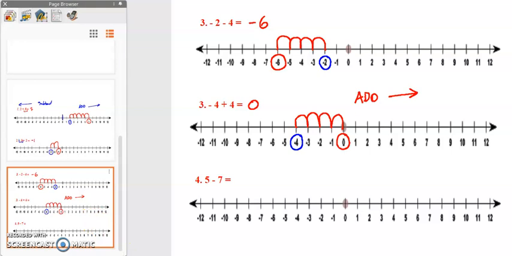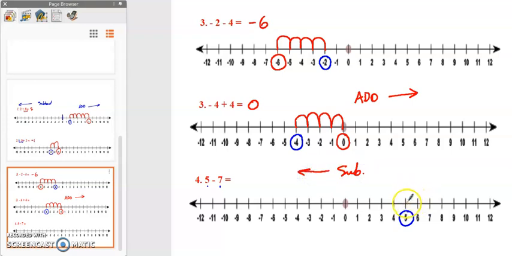Moving on to number 4 now, where we have 5 minus 7. First thing we do is identify our 5. This is a positive 5, so you look to the right side of 0. Then you look at the operation. You're subtracting 7, and whenever you're subtracting, you count to the left on the number line.